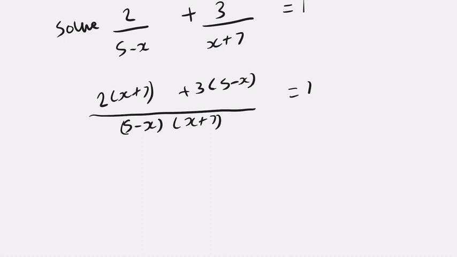Now we can multiply the right-hand side by 5 minus x times x plus 7. So 2 times x plus 7, plus 3 times 5 minus x, equals this.